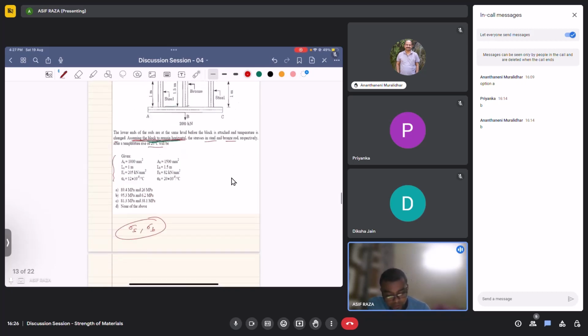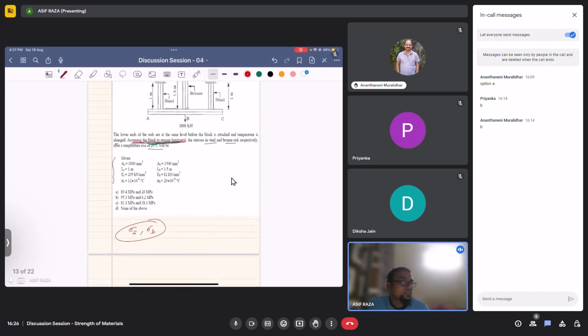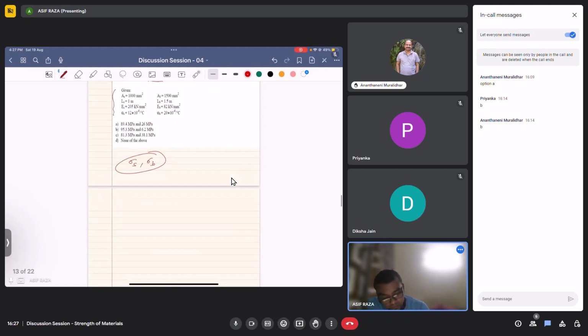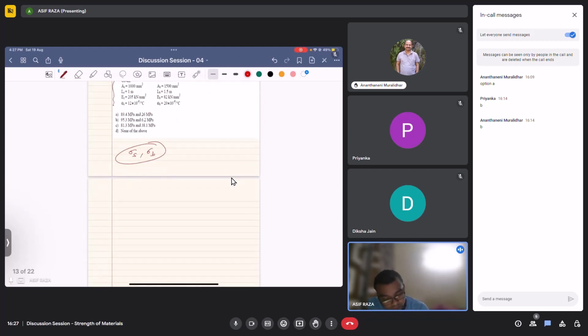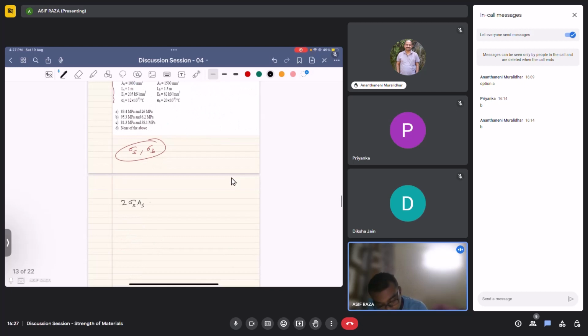Using force compatibility, in equilibrium the forces would balance this 200 kilonewton. What I mean to say is sigma s times As, and that is 2 times, because 2 steel sections are there, plus sigma b Ab.